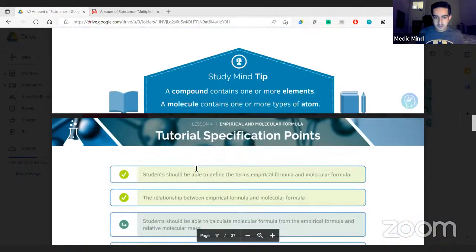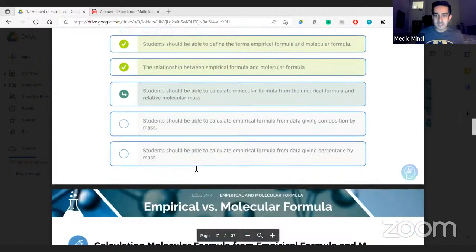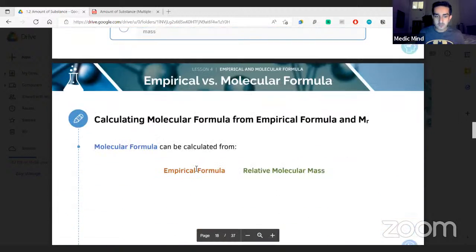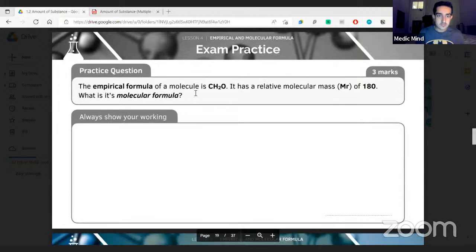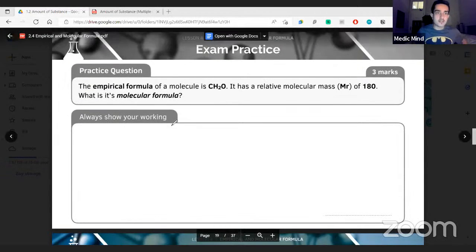So let's find out how to calculate molecular formulae and empirical formulae. The first thing I'm doing when I get a question like this is highlighting everything that's important information. So, empirical formula CH2O, relative molecular mass of 180. What's its molecular formula?